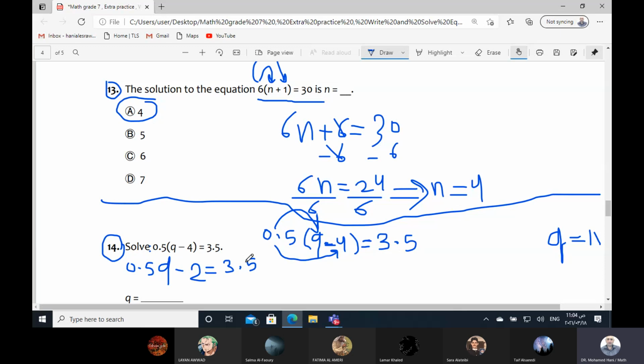Then remove 2 from the two sides, so you can add 2 here and add 2 here. Plus 2 and minus 2 will be 0, remains on this side 0.5q, equals 3.5 plus 2, which is 5.5. Then divide the two sides by 0.5.